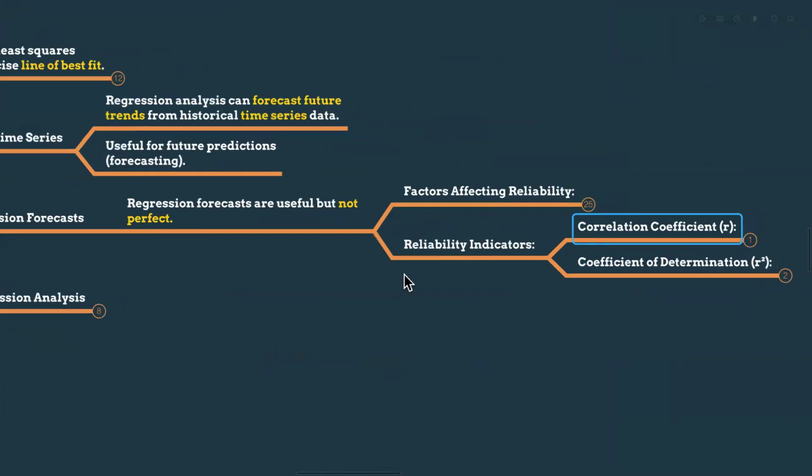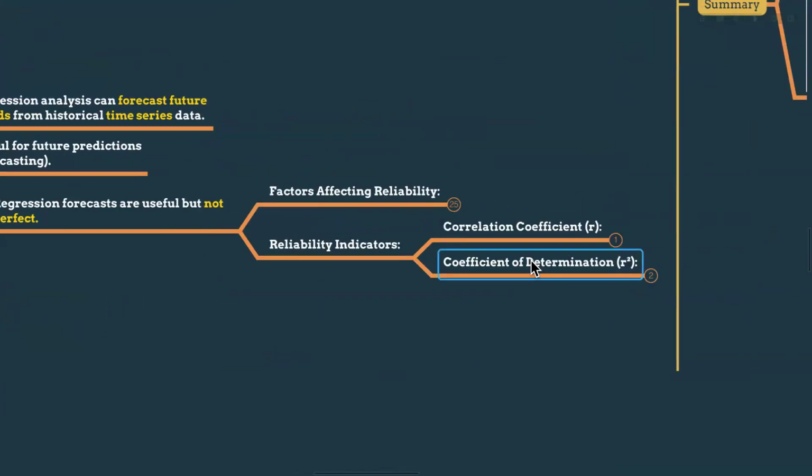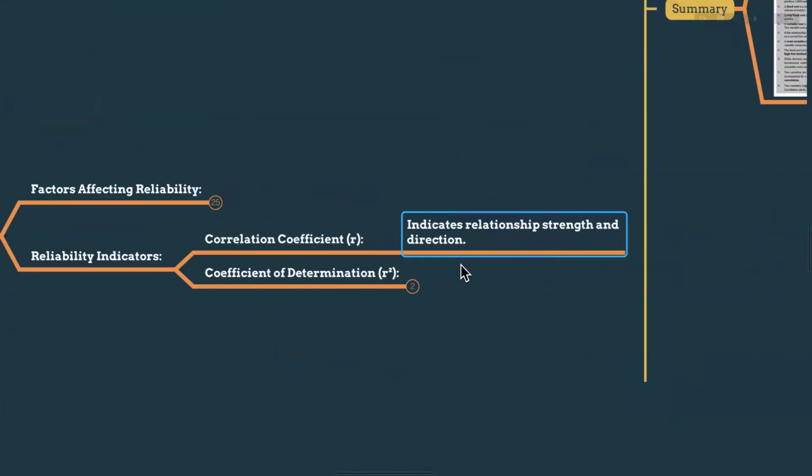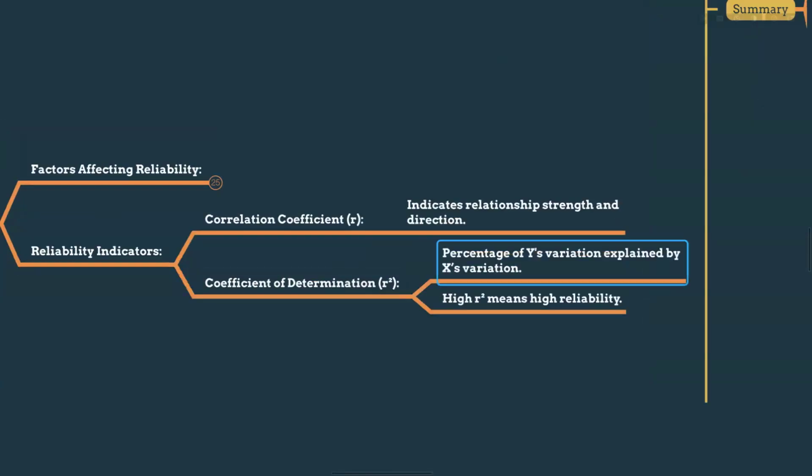And the reliability indicators are the correlation coefficient and the coefficient of determination. There are two formulas we can use to see the reliability, right? The correlation coefficient indicates the relationship strength and direction. R squared is the coefficient of determination.